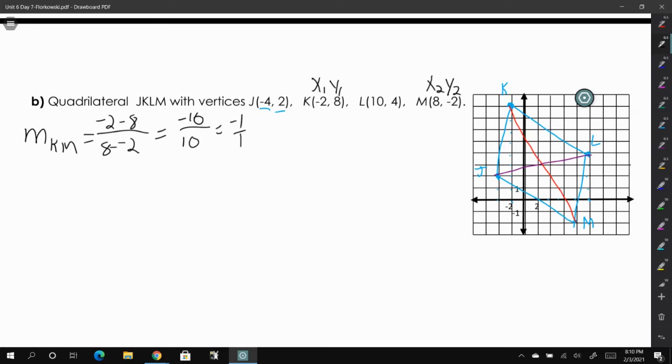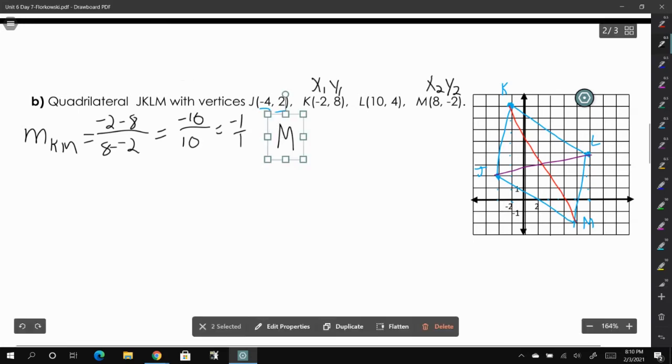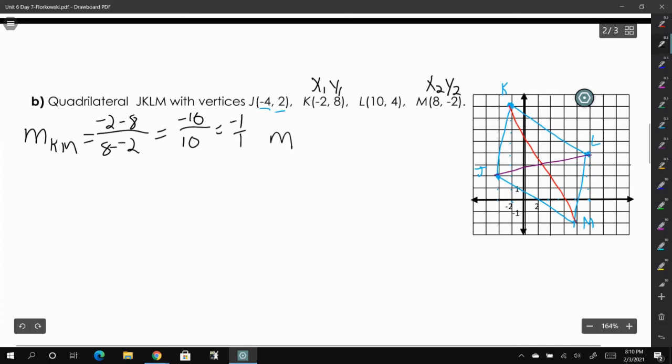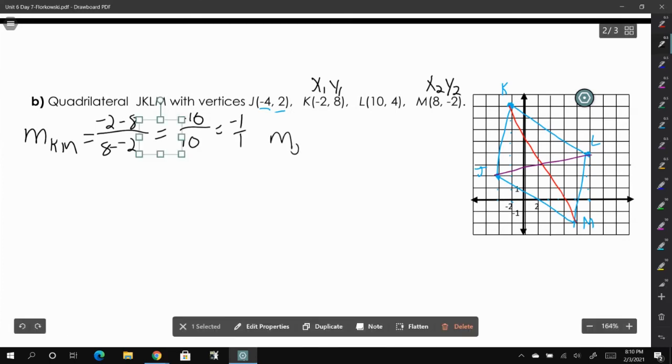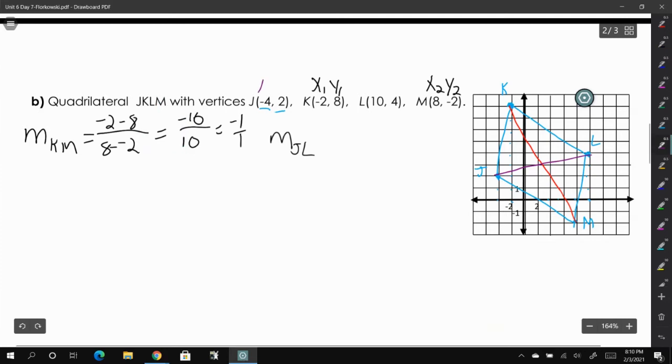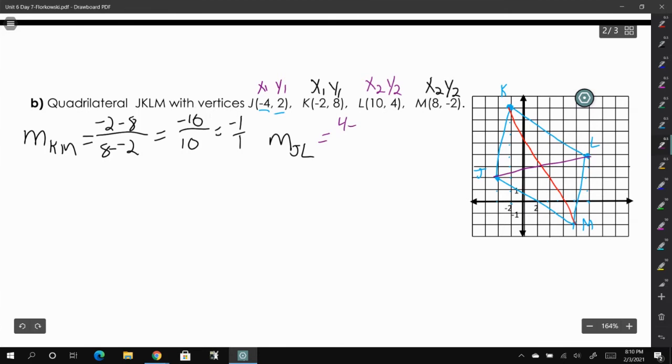Then we'll do the same thing for the slope of JL. And I'm going to do a different color so it's easy for me to find them again. Okay, so we're going to do 4 minus 2 over 10 minus -4.